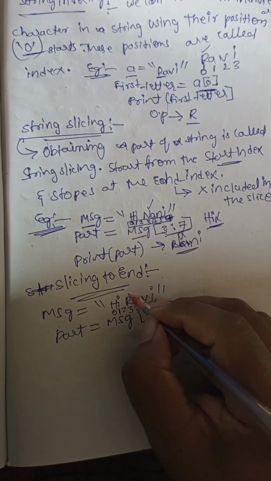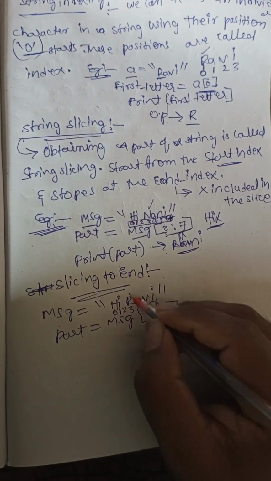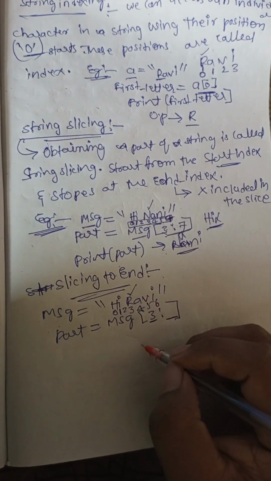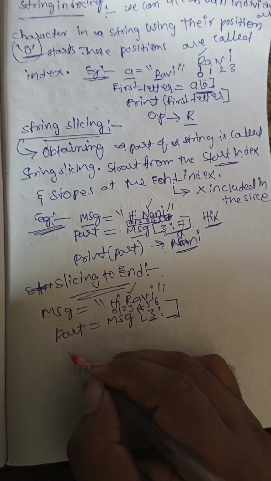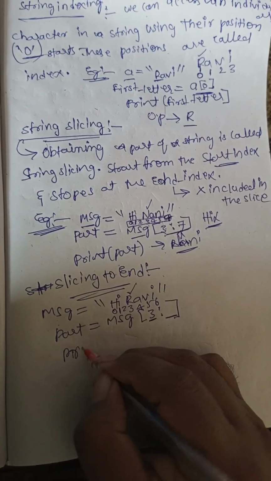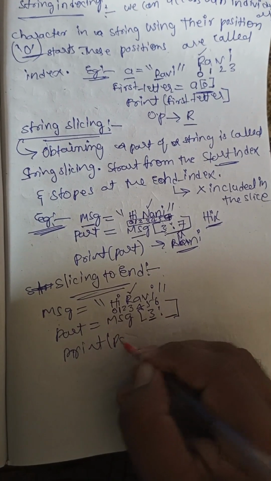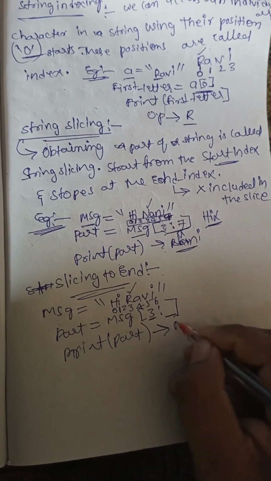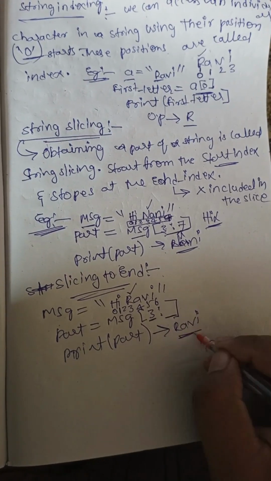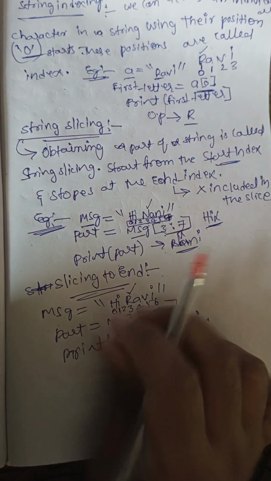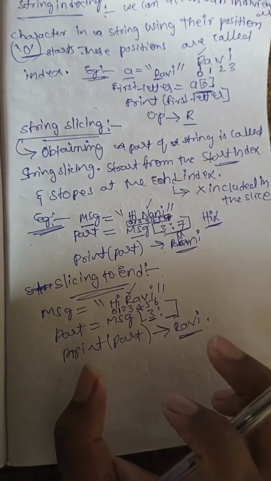So it will start from R. When we print part, the output should be "Ravi". So this is slicing to end.